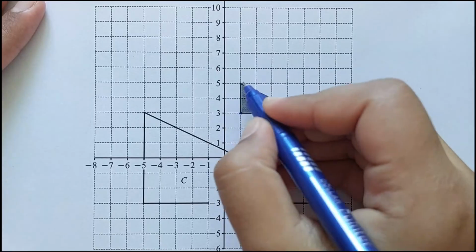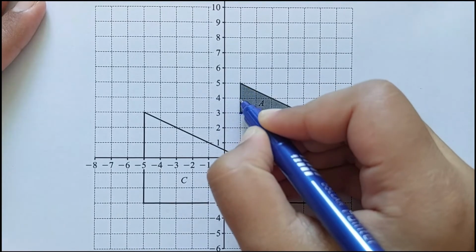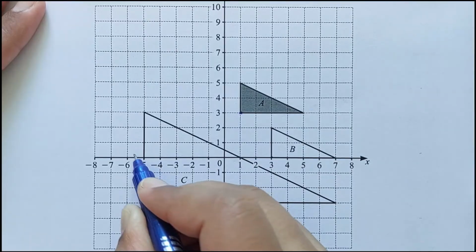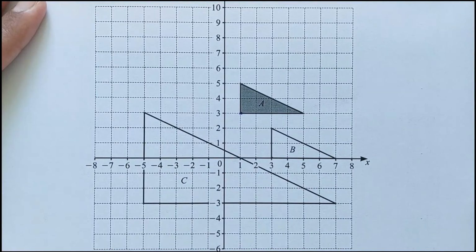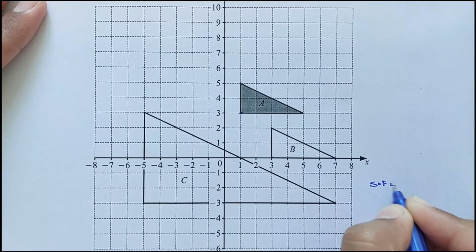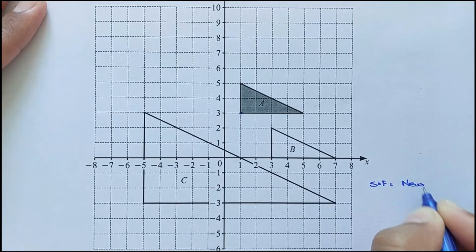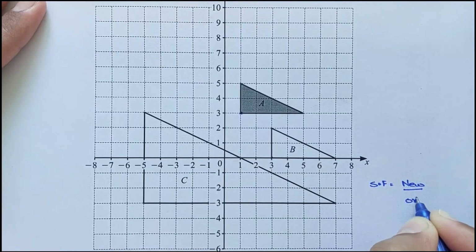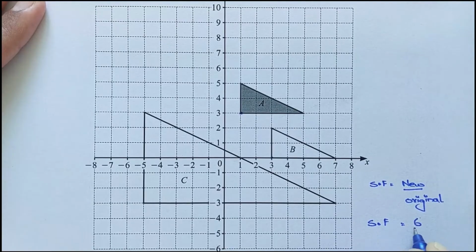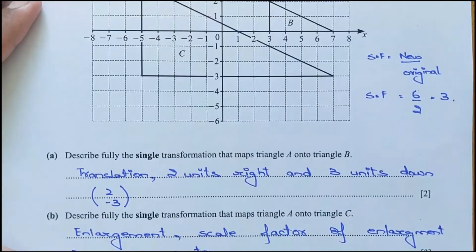To get the scale factor, we calculate the units. We have 2 units for the original shape and 1, 2, 3, 4, 5 and 6 units for the new shape. The scale factor is the new over the original, so 6 over 2. That is 3. So the scale factor is 3.